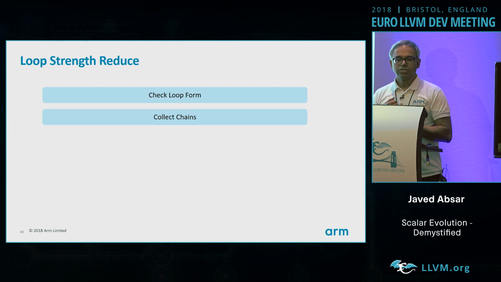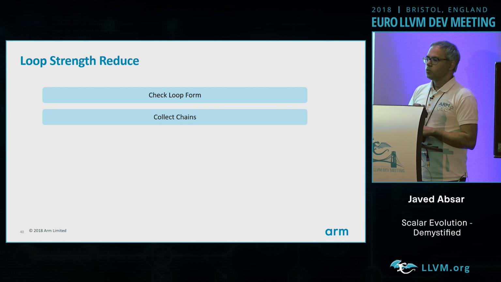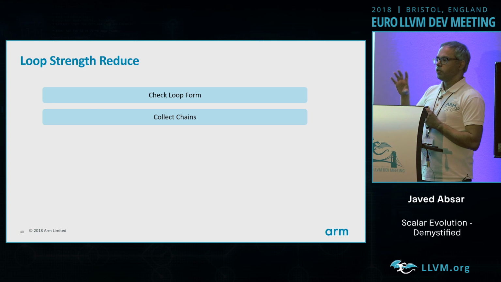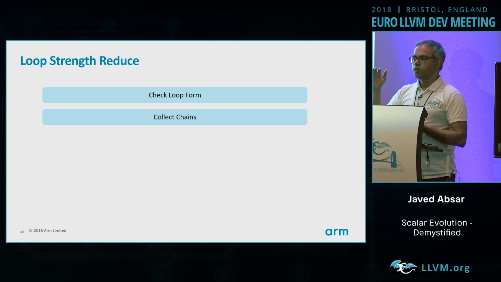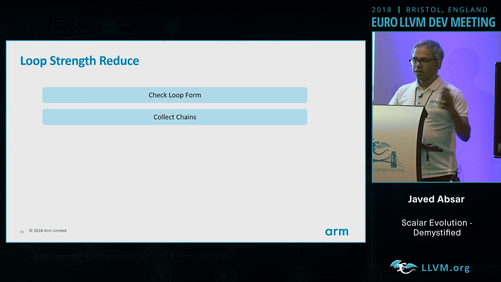And then it collects chains. What is collect chains? What it does is, for every basic block in that loop that it wants to loop strength reduce, it calculates the SCEV expressions and collects them like in a bag to know what to do with them.